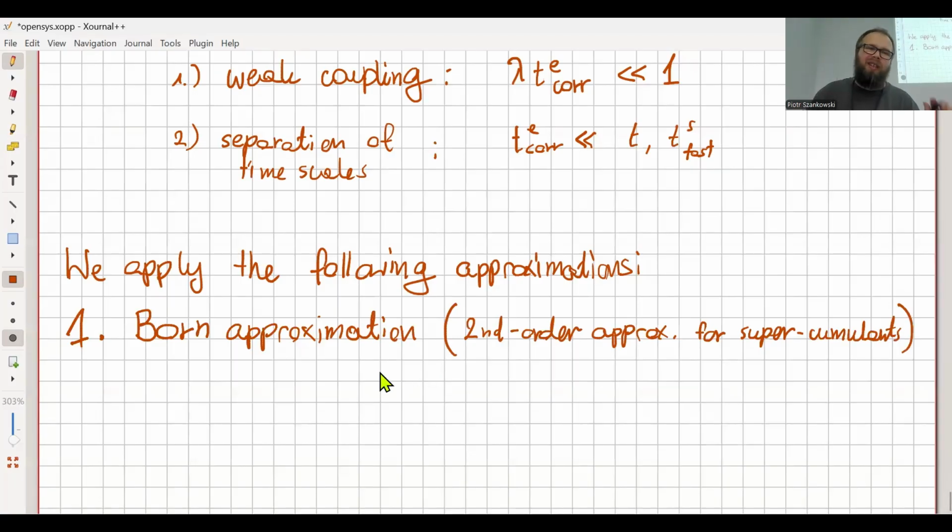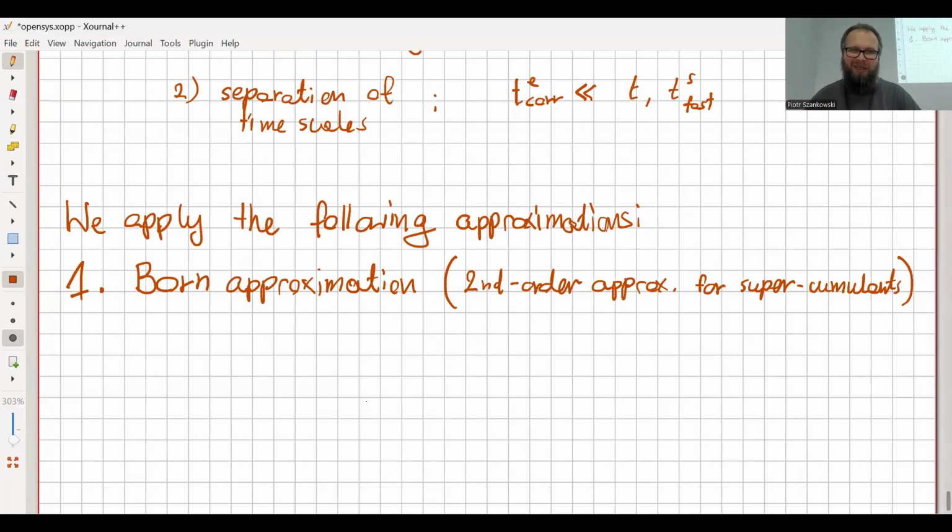Traditionally, the Born approximation is where you cut some series at second order. That's what's typically called the Born approximation.